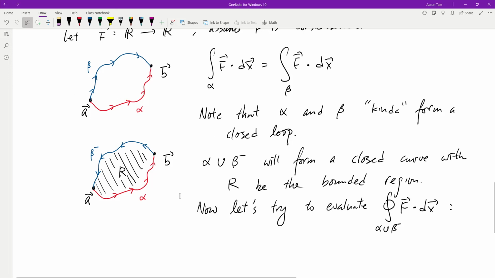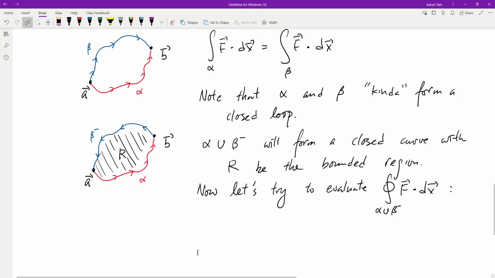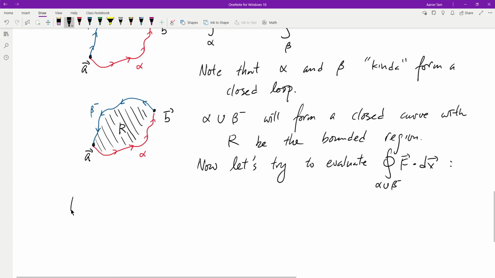I can either separate this closed curve into multiple curves and evaluate each of them, or because it's a closed curve integral, I could use Green's theorem. So let's say we let F equal F1 comma F2.